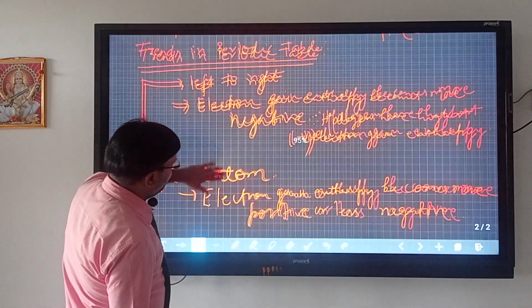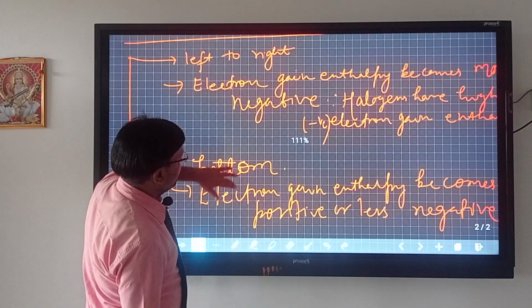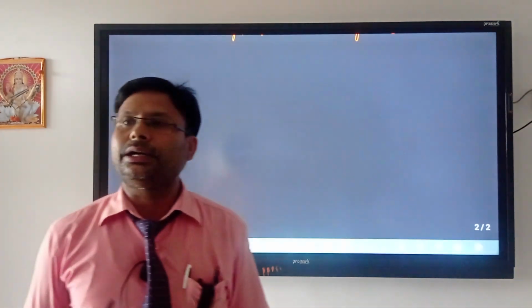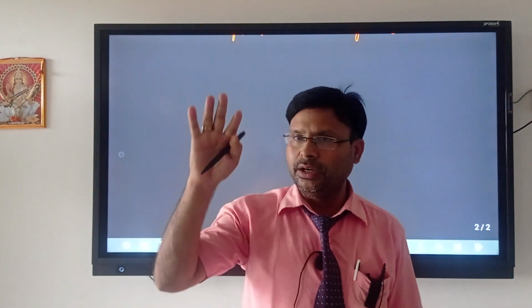When we move from left to right, the electron gain enthalpy becomes more negative, while moving from top to bottom, it becomes more positive or less negative.